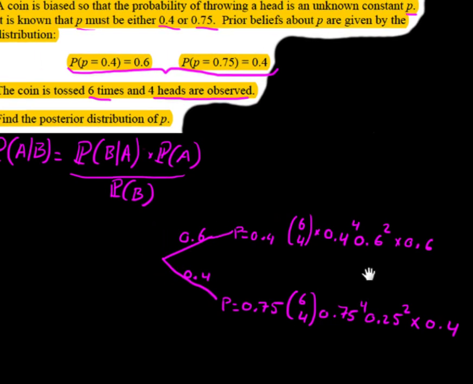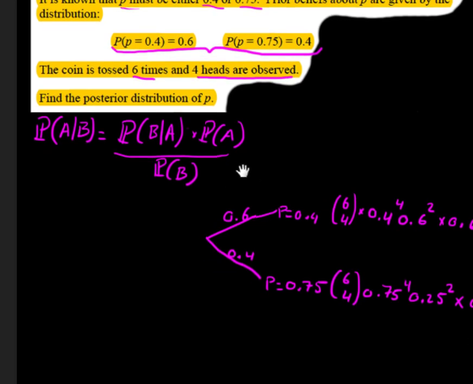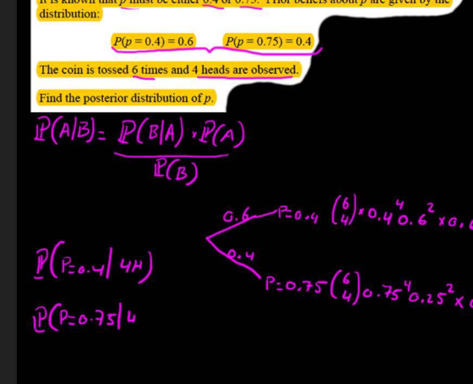So what we've done over here is we've taken this whole bit as the top line over here, and this whole bit here is the top line over there for each one that we're trying to work out. So in this posterior distribution, we're trying to find 2 things. We're trying to find the probability that p equals 0.4 given that we got 4 heads, and we're also trying to find the probability that p equals 0.75 given we got 4 heads.